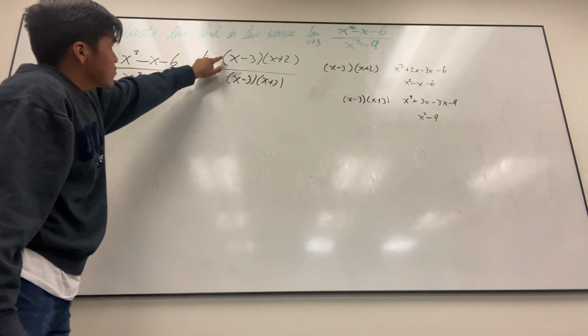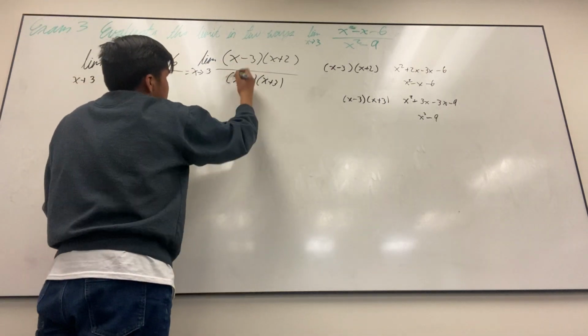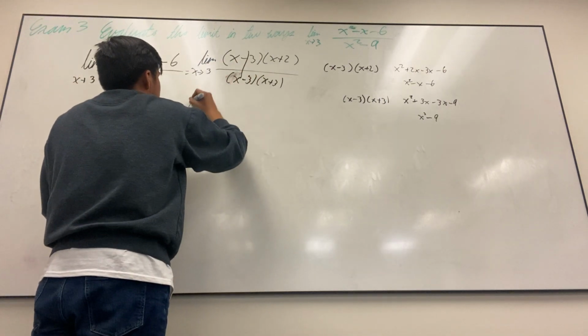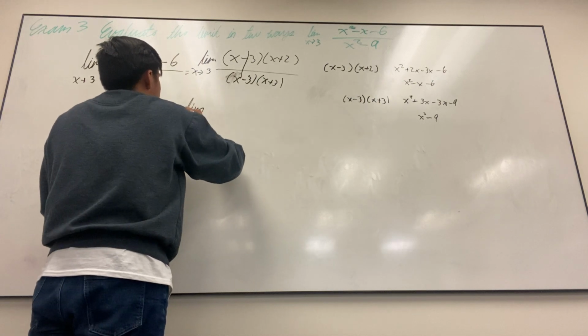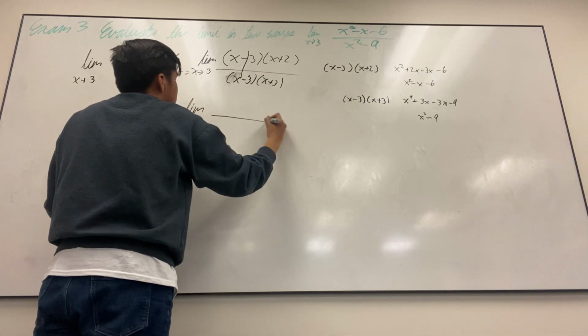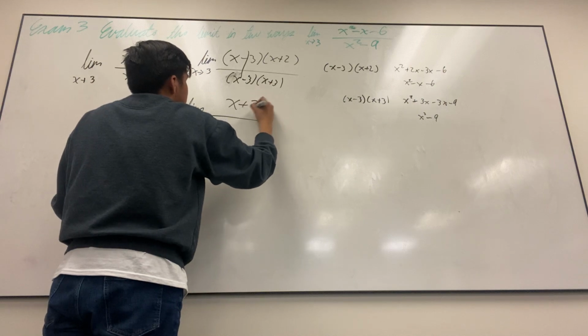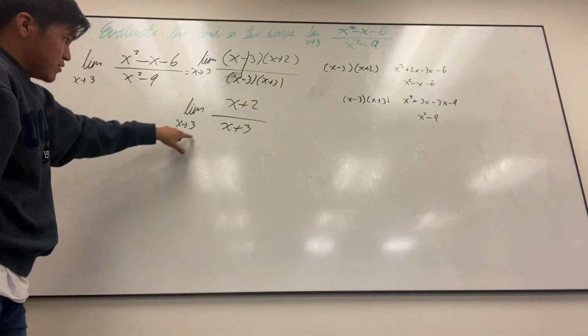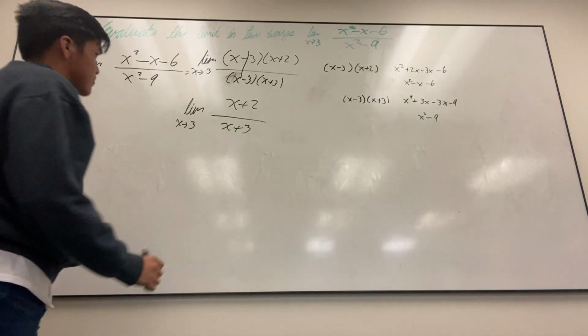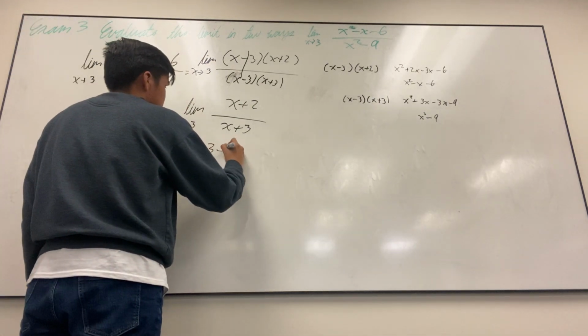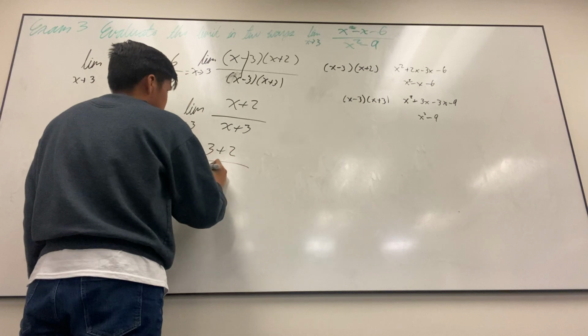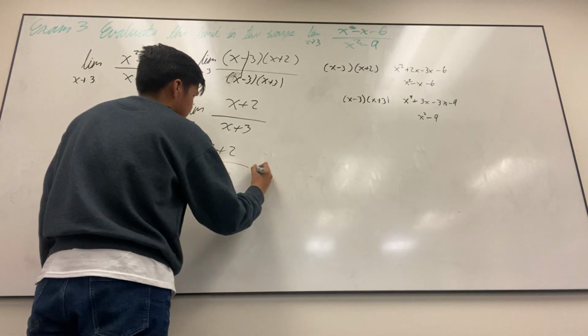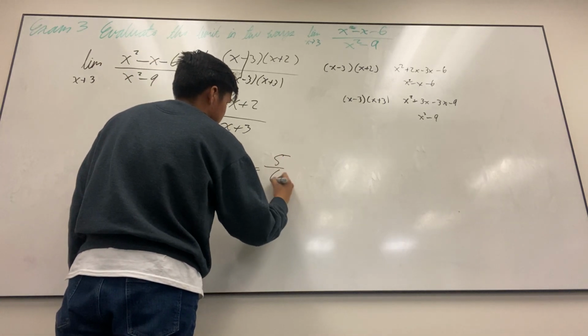Now in this step, you can cancel out terms. Both of these are the same, so you can cancel them out. Then your limit is the limit as x approaches 3 of x plus 2 over x plus 3. Now this is in the simplest form, you can plug in the limit. So this is 3 plus 2 over 3 plus 3, which is 5 over 6.